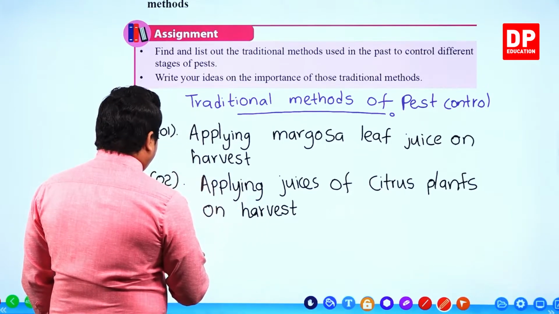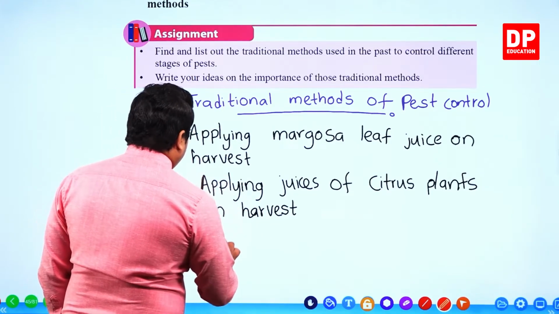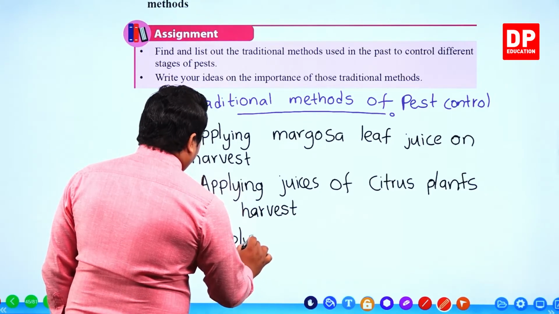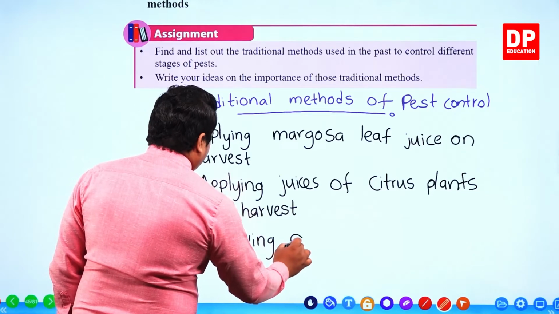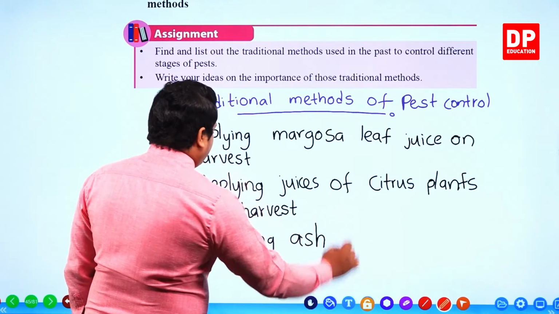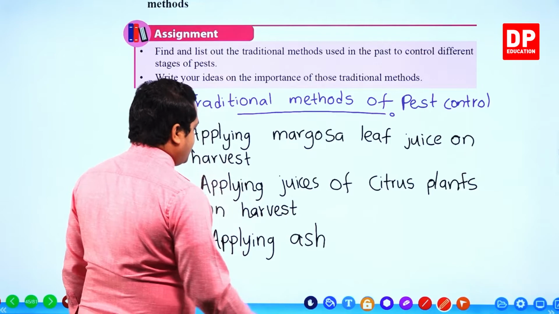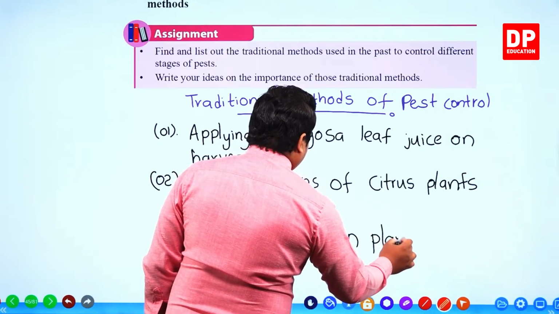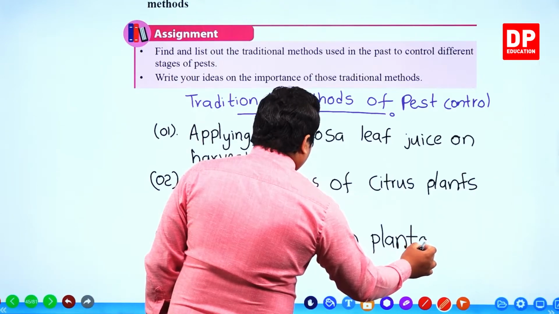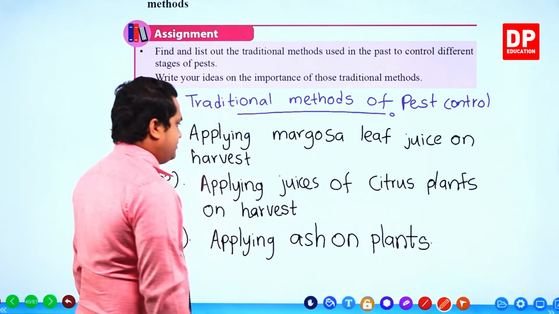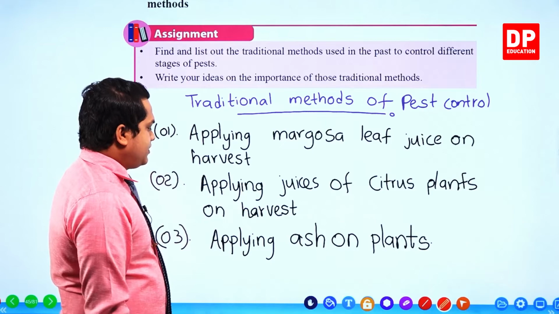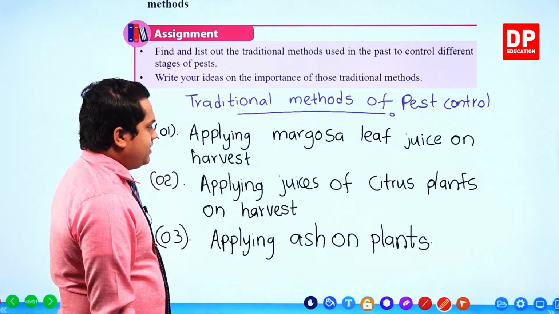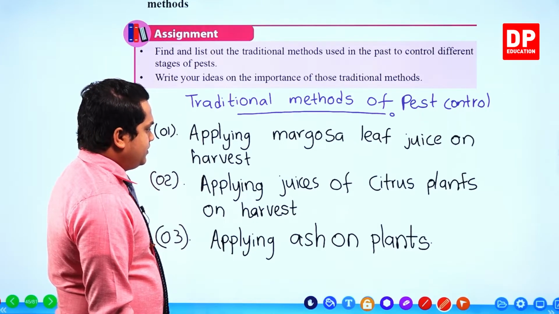Then number 3, applying ash on plants. Right?